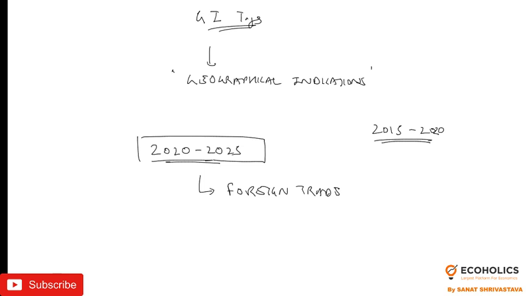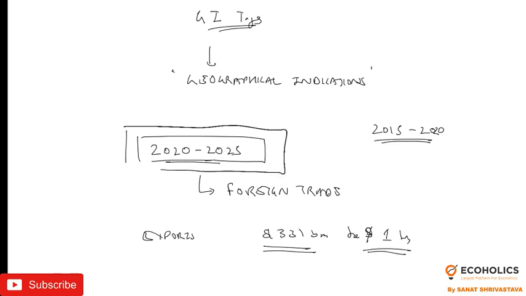The mandate is to accelerate exports from the current level of $331 billion to $1 trillion. So this is the target: our current export stands around 330 billion, and India wants to achieve the target of $1 trillion during this 5 year period of India's foreign trade policy.